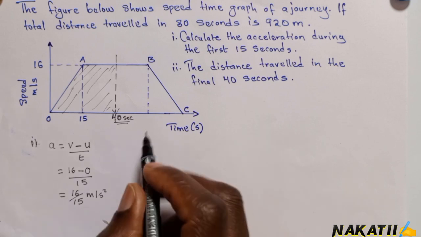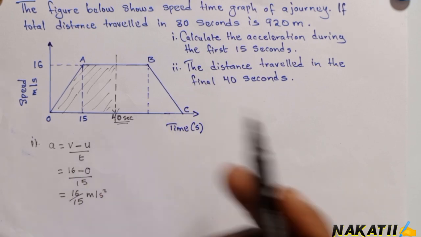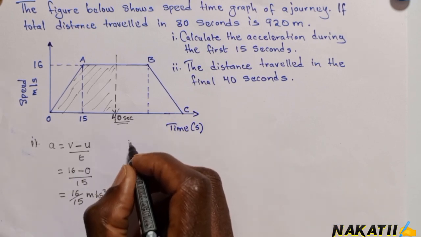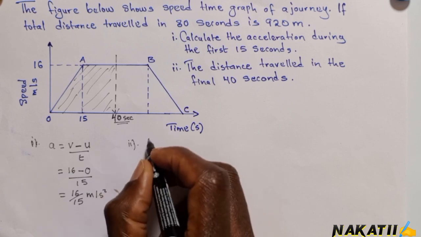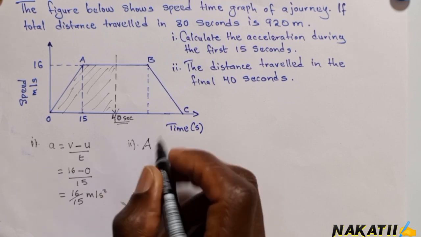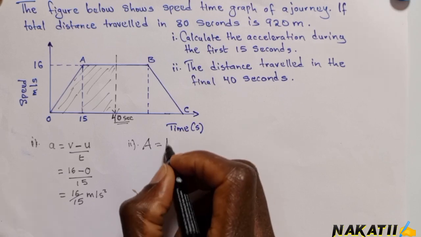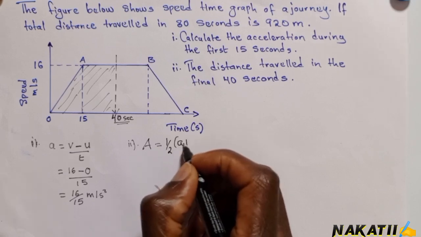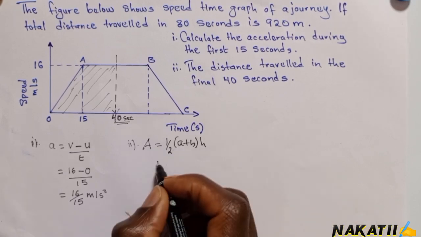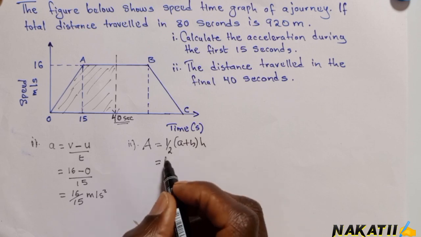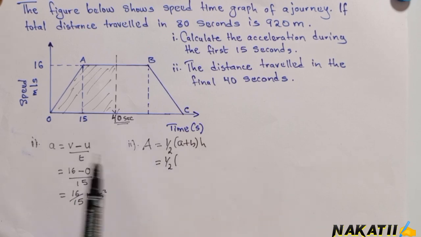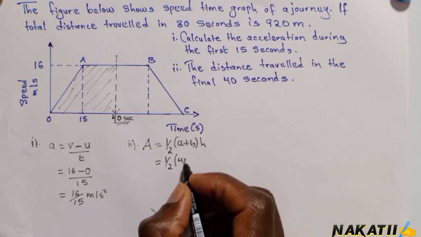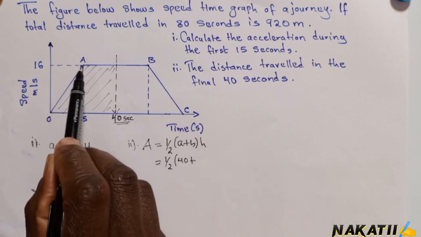Therefore, it is simply a trapezium. Area will be a half into a plus b, multiplied by height. So this will give you a half into, from here to here is 40, plus from here to here.